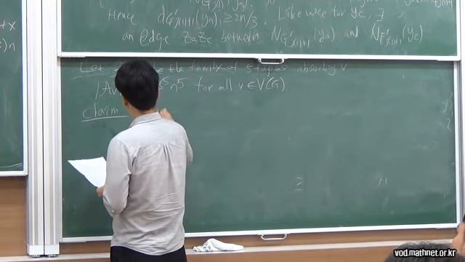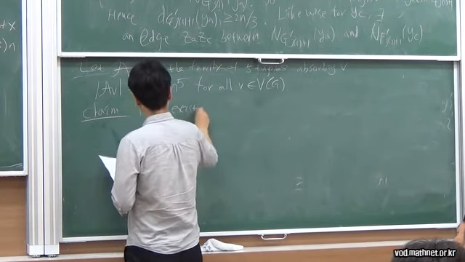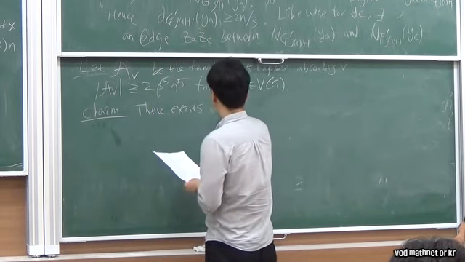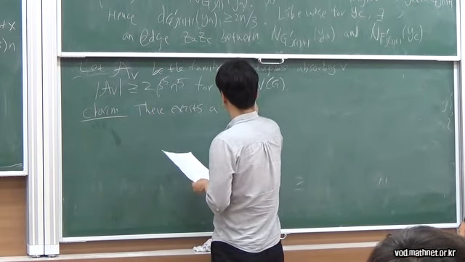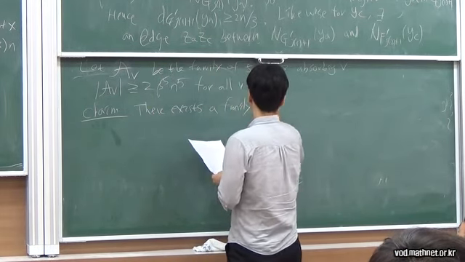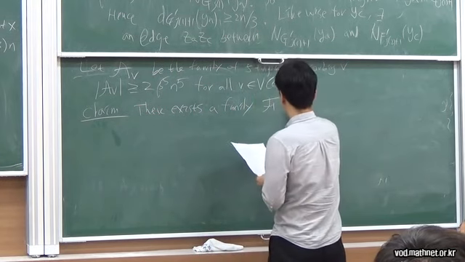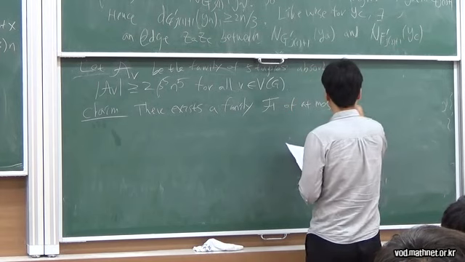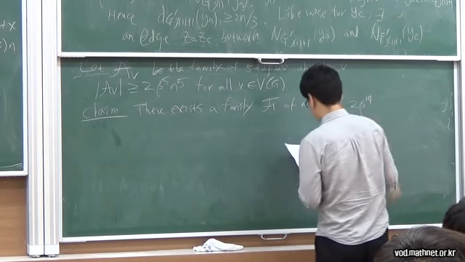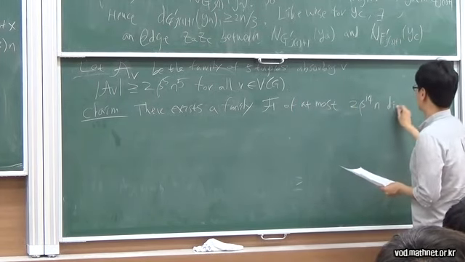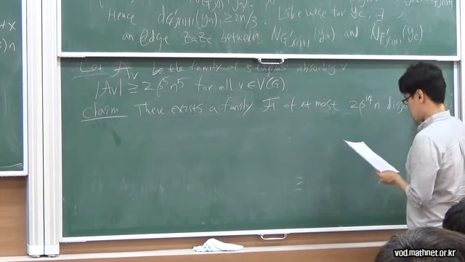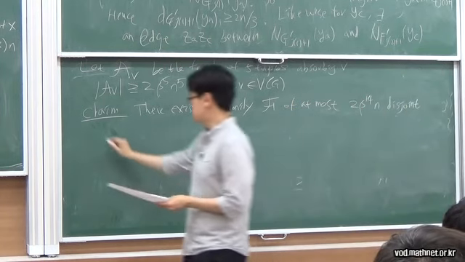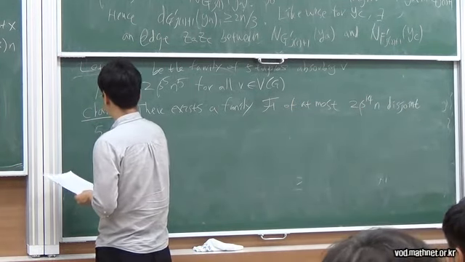So there exists a family curly F of at most, so it doesn't contain too much, 2 times beta to the 14 n disjoint 5 tuples. So pairwise disjoint 5 tuples.